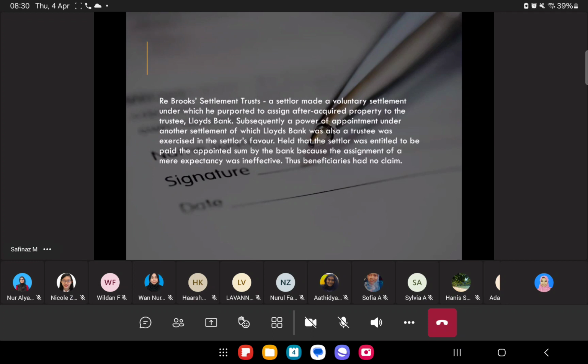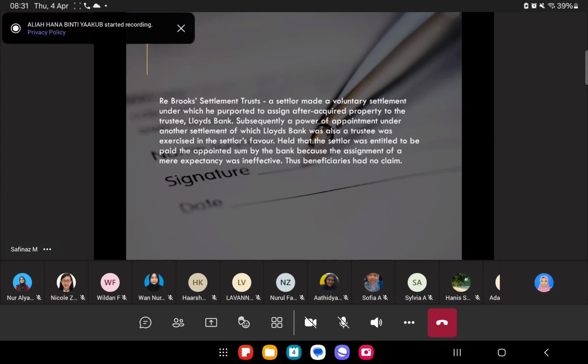Okay, so dia appoint trustee bank. Contohnya duit lah sebab ni bank kan. So duit akan masuk later. So dalam kes ni mahkamah kata tak ada amanah. The trust was not completely constituted, therefore it cannot be enforced because property itu adalah mere expectancy.